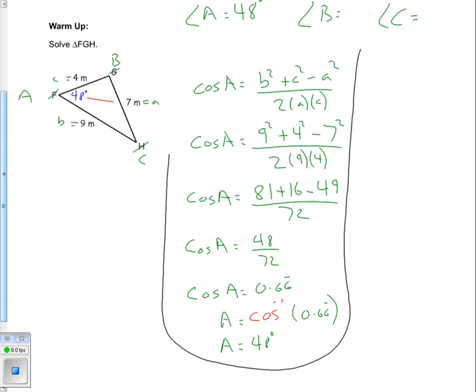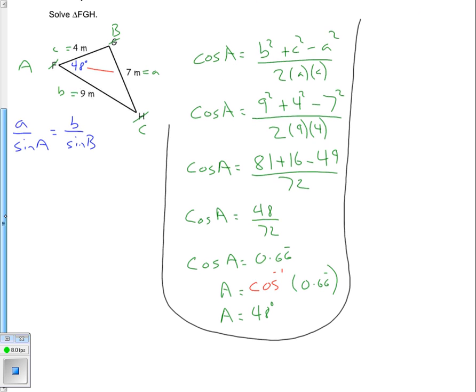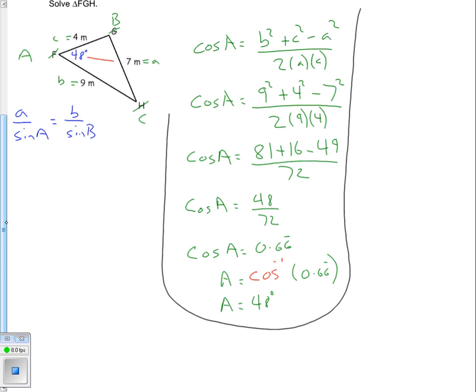So we know that a over sine A is going to be equal to b over sine B. If we substitute in our values, a is equal to 7 over sine 48, because we just discovered that angle A is equal to 48.